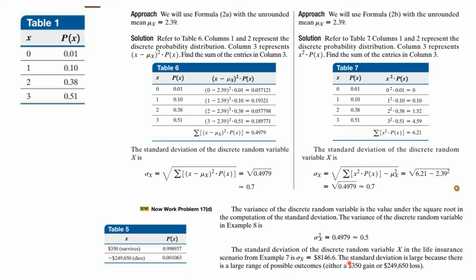So the standard deviation of a discrete random variable in the life insurance scenario, where this was our table, is over $8,000. Now the reason this is large is because there's a large range. Remember what the standard deviation shows us of possible outcomes. Either you gain this or you lose $250,000.